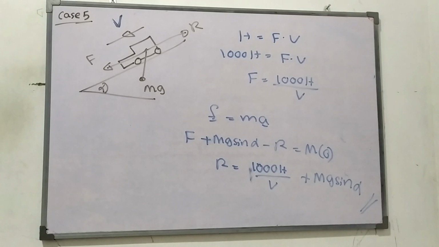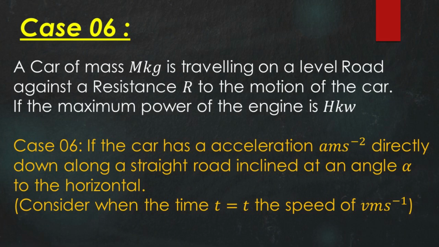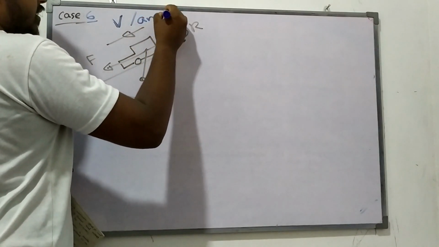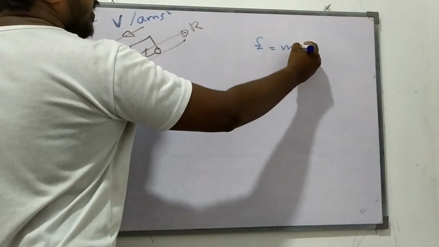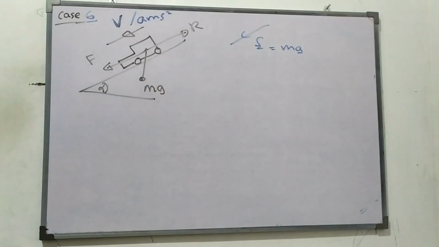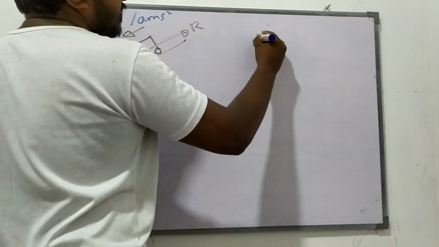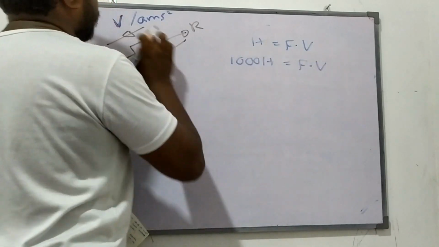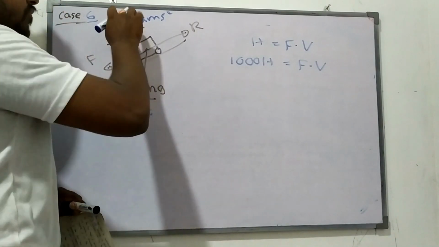Okay, now we can move to the 6th case. If the car has an acceleration directly down along a straight road inclined at angle alpha to the horizontal, the acceleration is a ms^-2. First of all, I'm going to apply H equals Fv, 1000 H equals F into v. At some instant, the velocity is v.